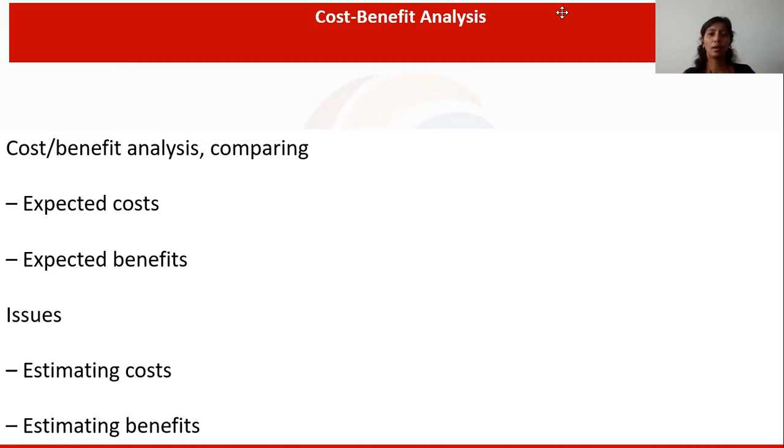So when you are making this, there are some issues as well. Estimating the cost. So what is estimation of cost? When you are making an analysis, you will have some estimation, right? When it comes to making some estimation, you will not be able to declare the appropriate value.